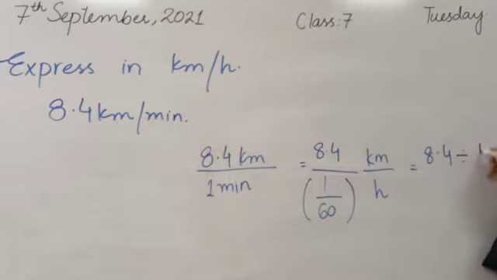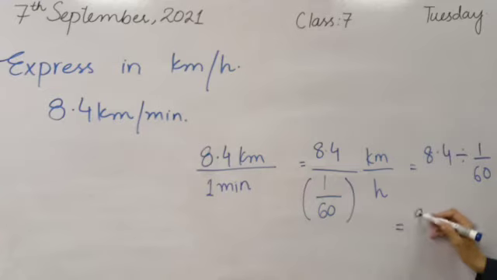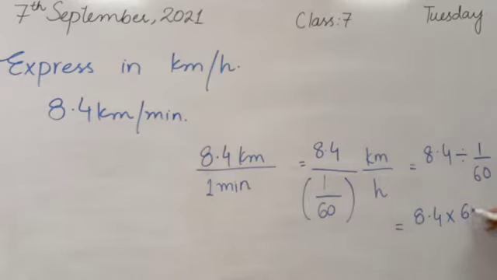So can I write like this? 1 by 60, because they both are dividing each other. Now we know that we can't divide a fraction with a whole number or two fractions. What will we do? We'll convert this into multiplication by taking the reciprocal, 60 over 1. Now multiply 8.4 with 60 and you will get the answer in kilometer per hour.